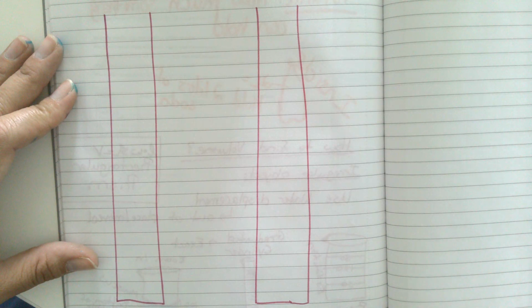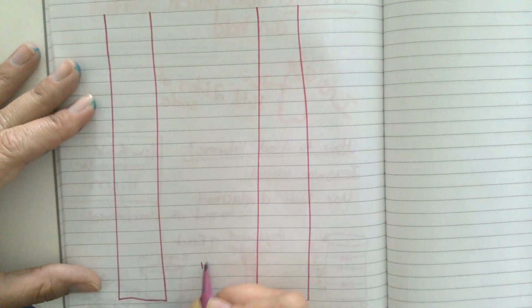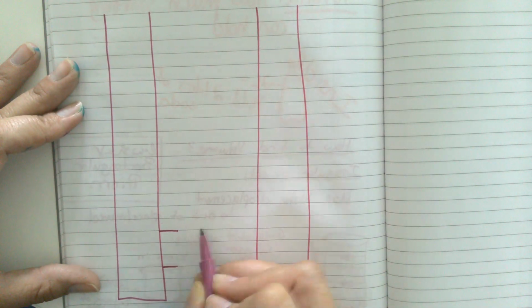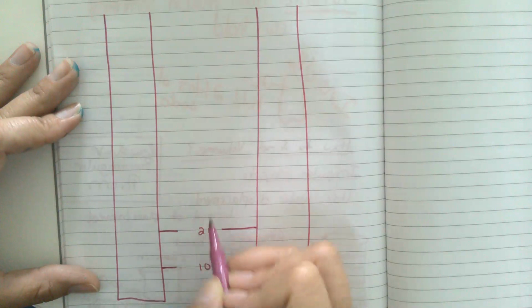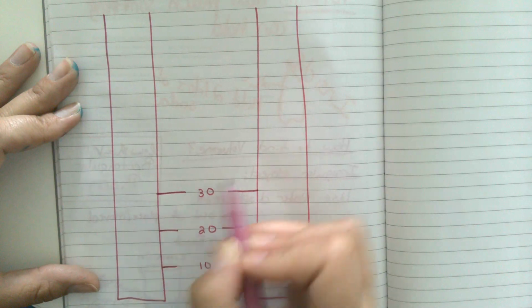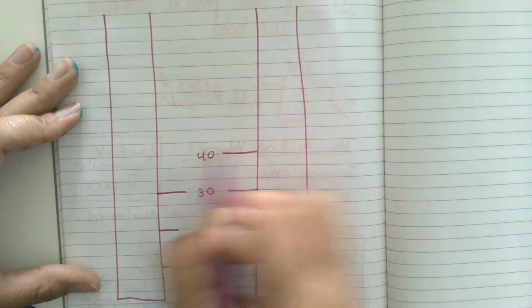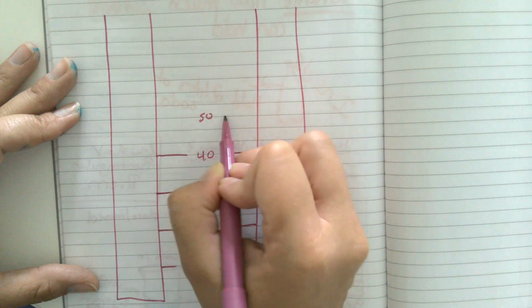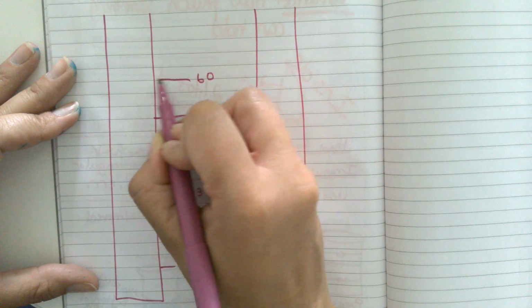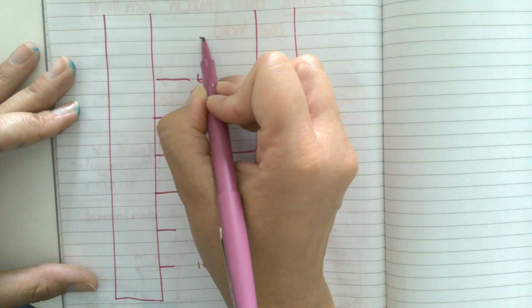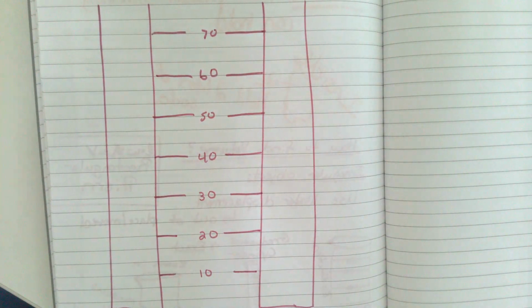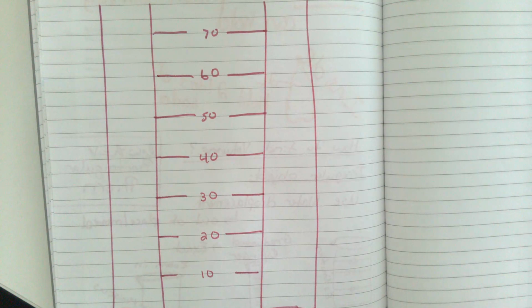So then I'm going to do 10, 20, 30, 40, 50, 60, 70, and that's as high as we're going to go. I just kind of put the measurement between them, that way you wouldn't have to write it twice, okay?